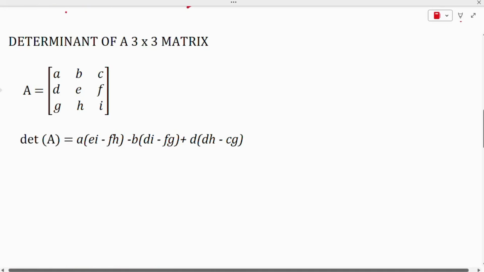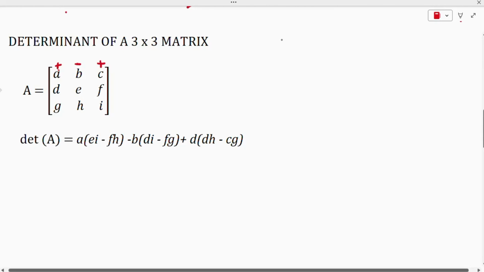Alright, so for solving for the determinant of a 3 by 3 matrix, now we have a matrix A to be A, B, C, D, E, F, G, H, I. So the first thing you want to note is that each of these elements right here has a sign. This first element carries a positive sign, this element carries a negative sign, and this element carries a positive sign.